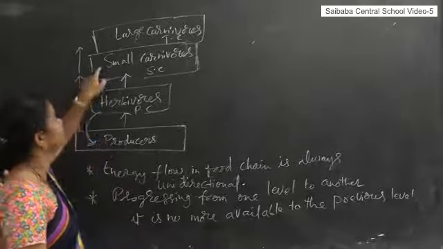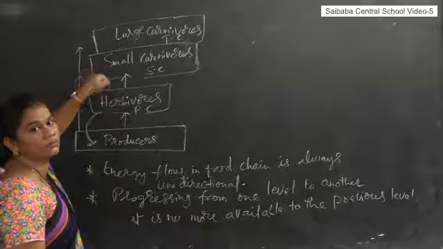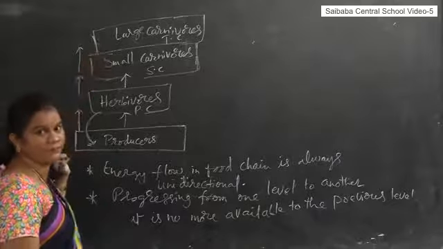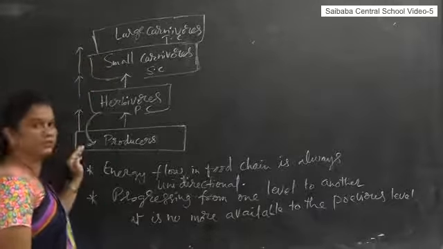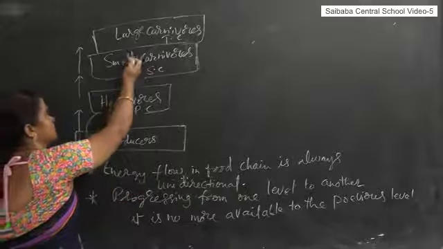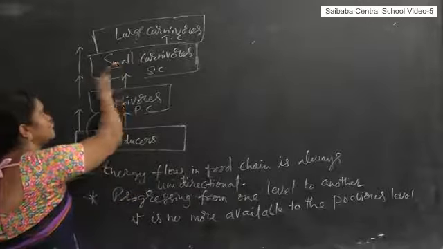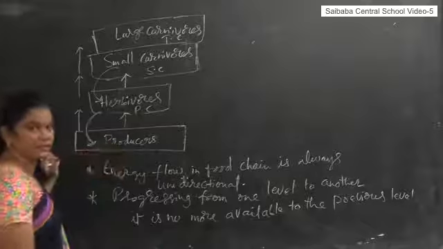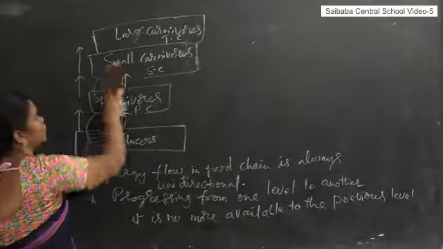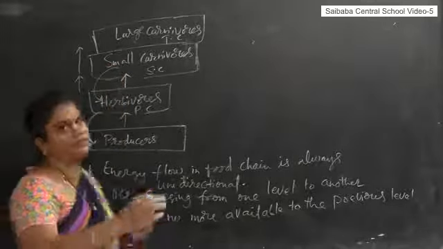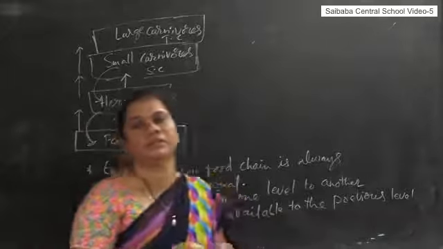It has to be moved to the topmost levels. It is no more available to the producers. When it is moving from herbivores to small carnivores, that energy is no more available to herbivores. Understood? So by taking any two trophic levels in a food chain, you have to explain this question in this way.